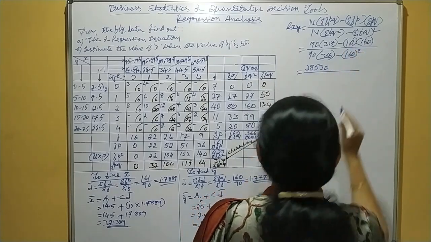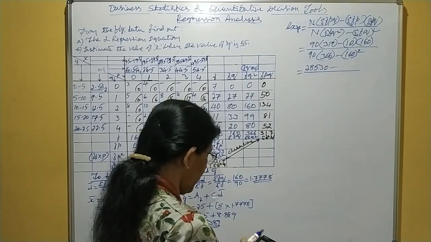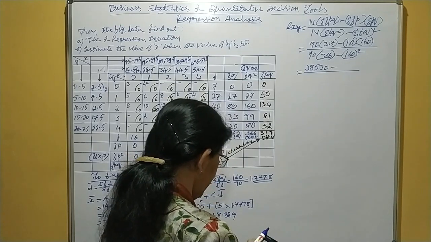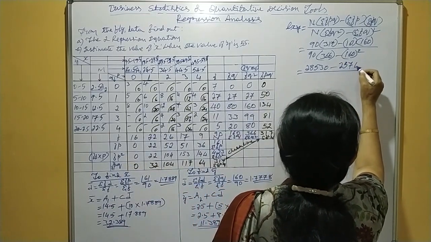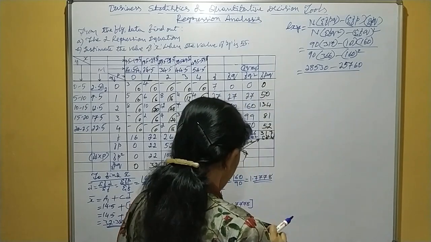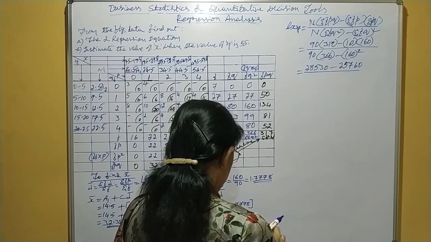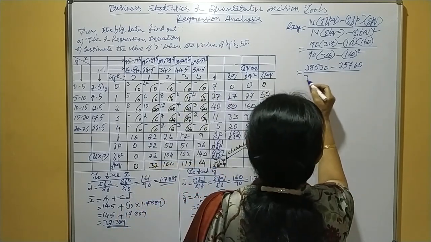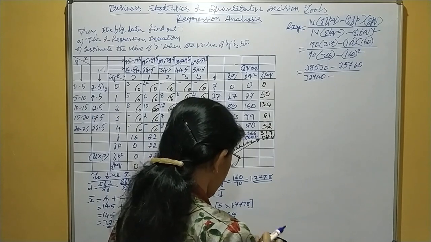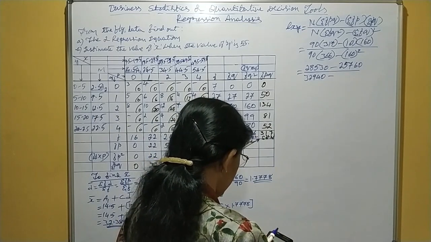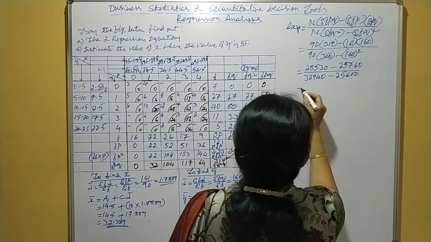Here both are plus values; plus into minus is minus, so 161 into 160 is 25,760, divided by 90 into 366, it is 32,940, minus 160 into 160, it is 25,600.